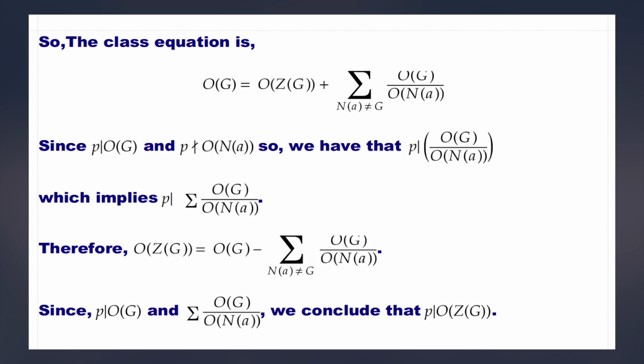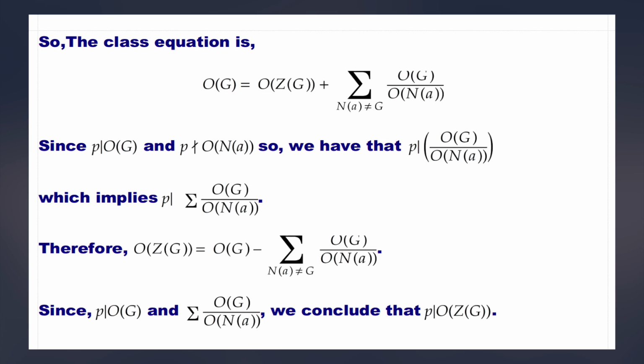So the class equation is: the order of G is equal to the order of the center of G plus the summation, over a with normalizer not equal to G, of the order of G divided by the order of the normalizer of a.